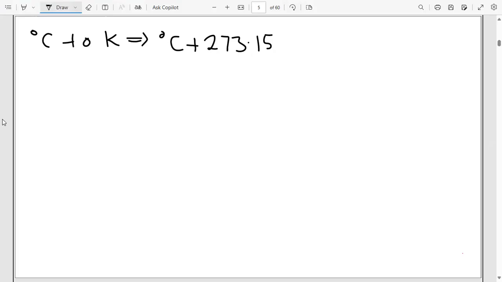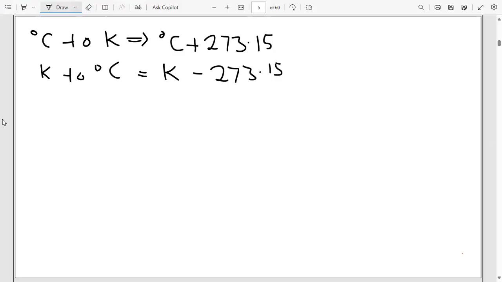Then the opposite: if you want to convert from Kelvin to degrees Celsius, you take your temperature in Kelvin and subtract 273.15, which is a constant. That is how you convert back and forth between Celsius and Kelvin.